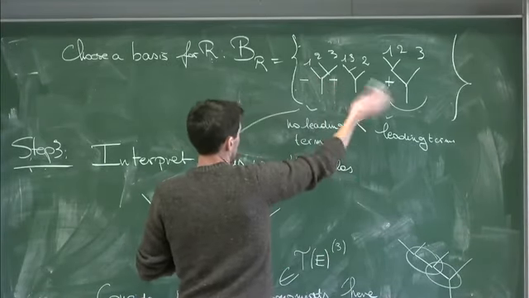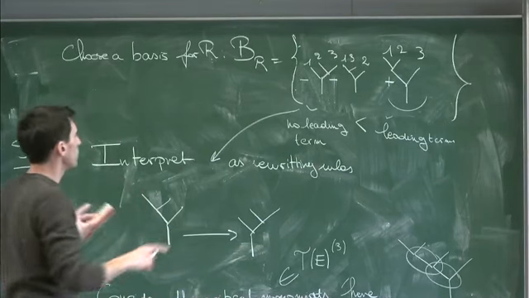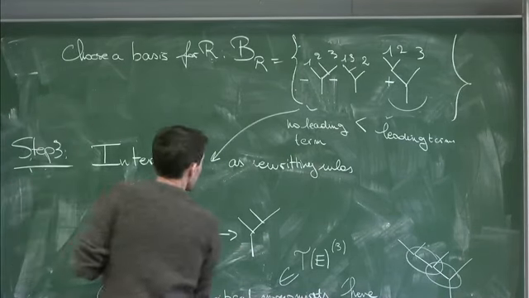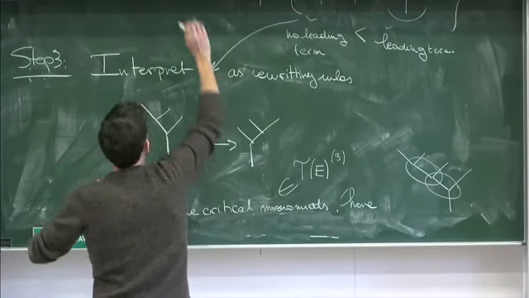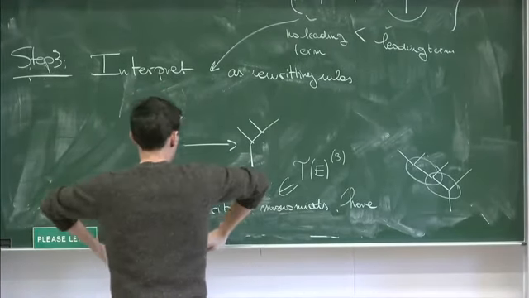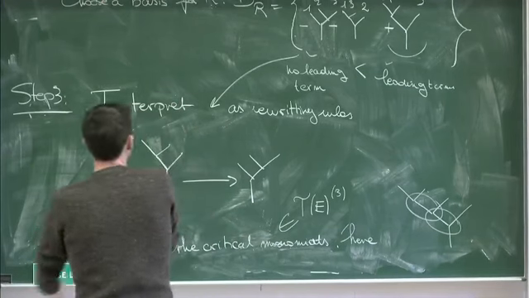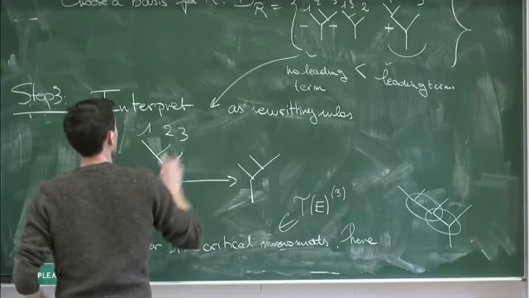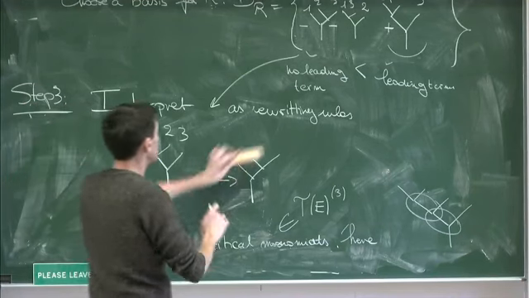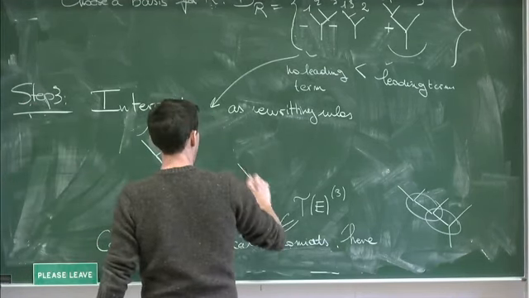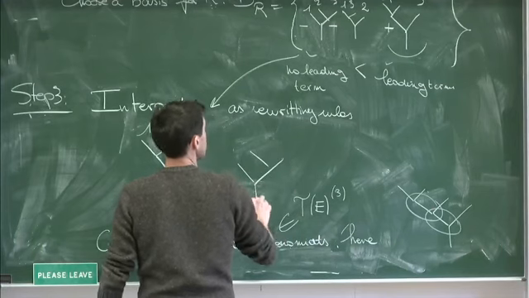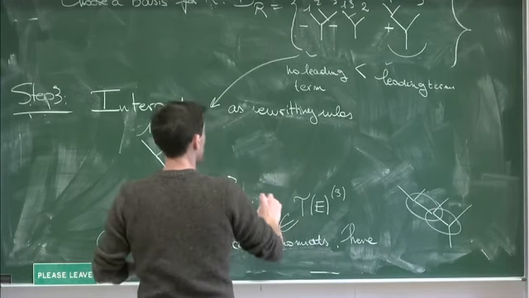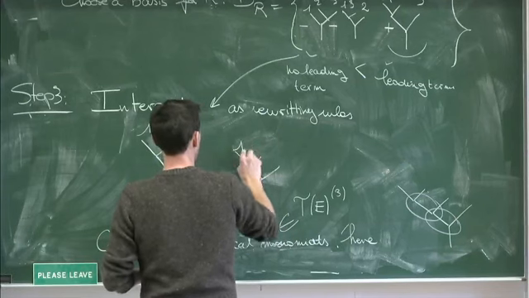You have tails here. There are no leading terms. You interpret that as rewriting rules. So here the rewriting rule is: each time you see this shuffle tree, you rewrite it as the following. Well, I should maybe put that one first.